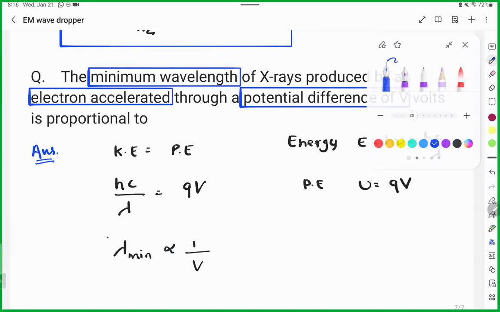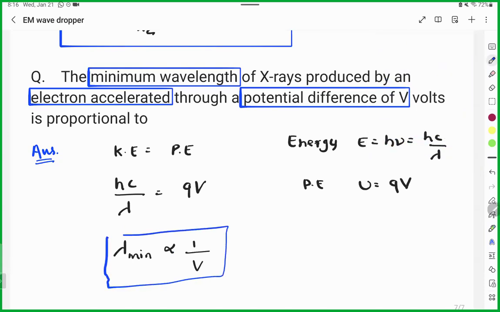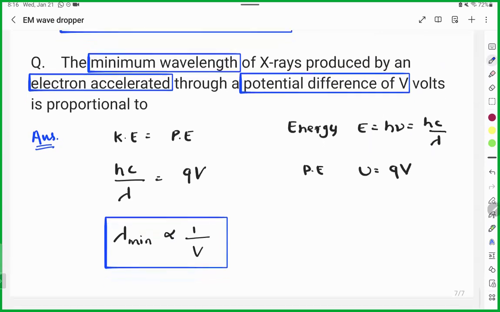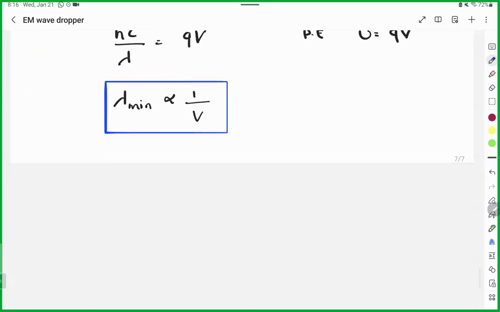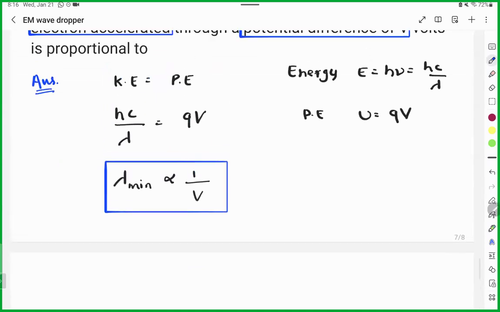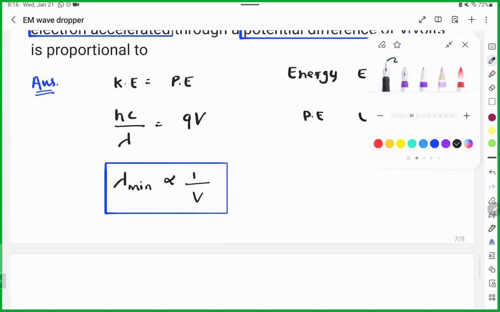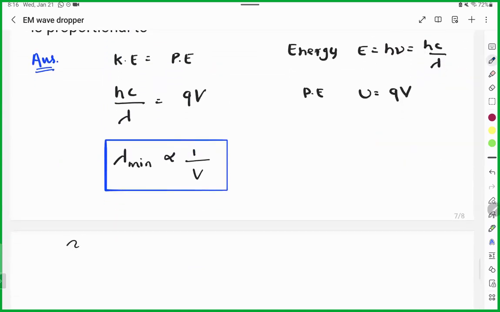But why is this important? You will think about dual nature of matter also in this. And in dual nature of matter, you will think about under root V. In dual nature of matter, the electron wavelength is equal to h upon p.